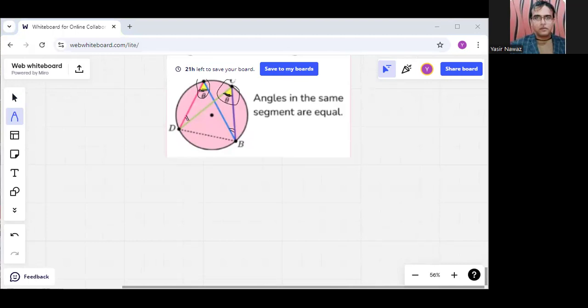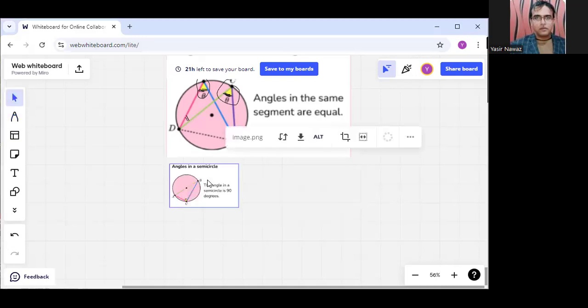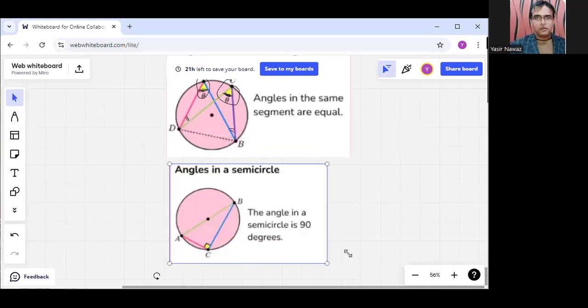And then the angle in a semicircle. This is another theorem, which says the angle in a semicircle should be 90 degrees.